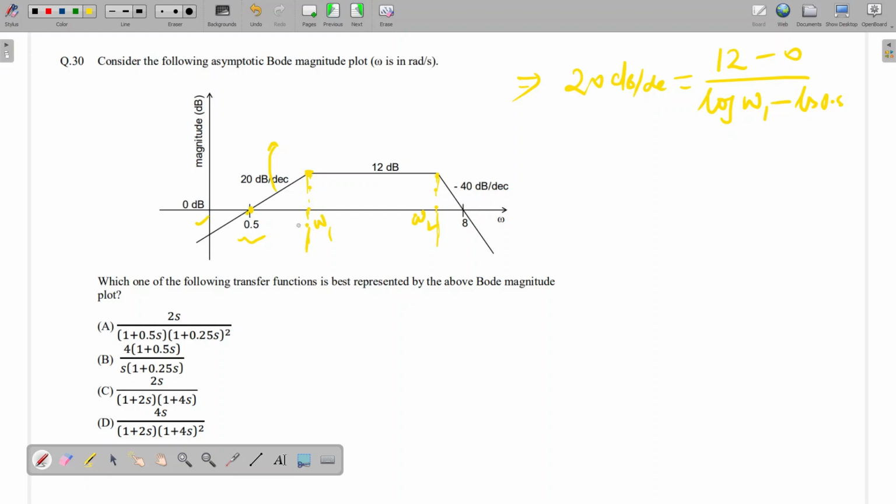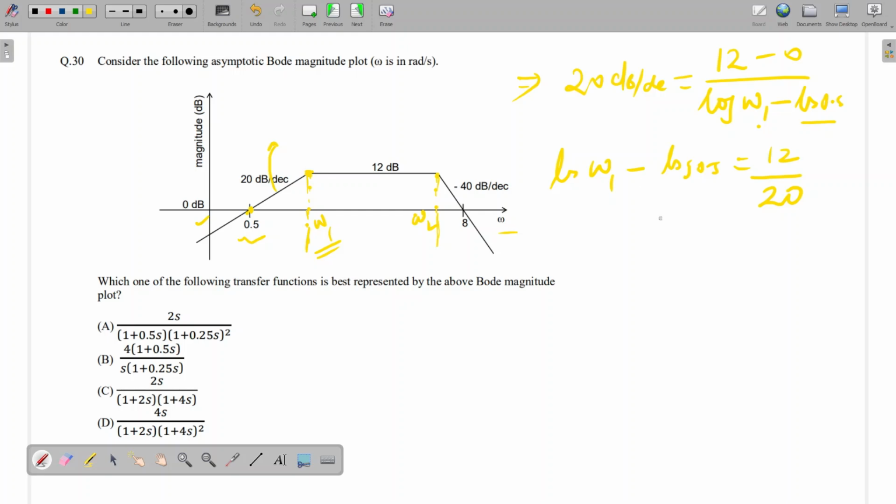So 12 minus 0 divided by log, this is a logarithmic scale, so log omega 1 minus log 0.5. So from here we can calculate the value of log omega 1. So log omega 1 minus log 0.5 is 12 by 20, so log omega 1 is 12 by 20 plus log 0.5.